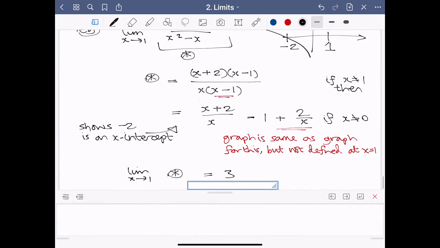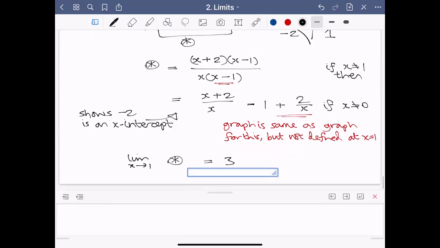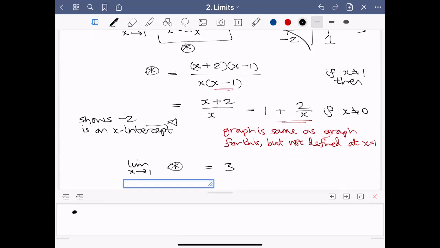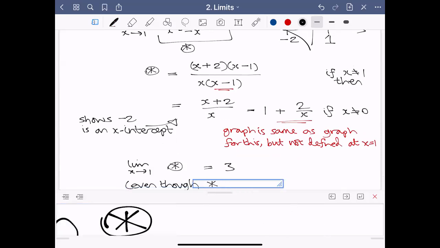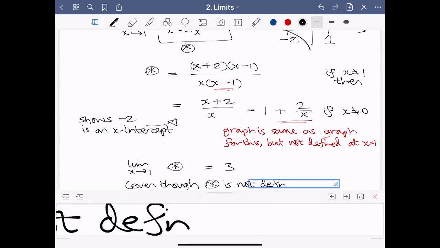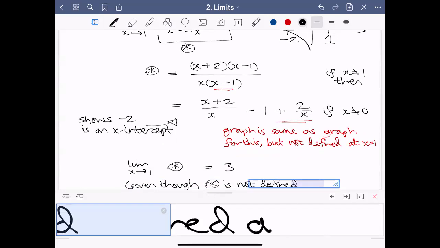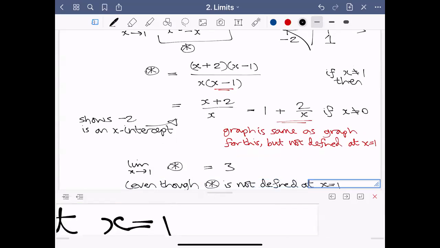And that's true even though this is not defined at x equals 1.